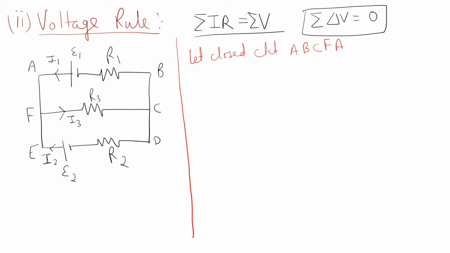Whenever it is asked in your question paper or in the board exam, you must remember how to write it. You should not just start making equations without giving the figure name or the points of the arm you are using for getting the equation. So here I am checking the closed circuit A, B, C, F, A.